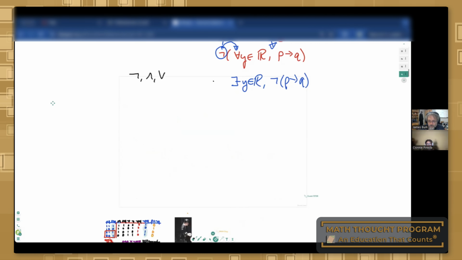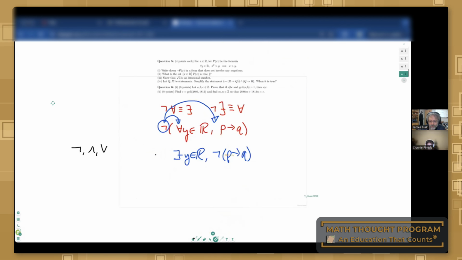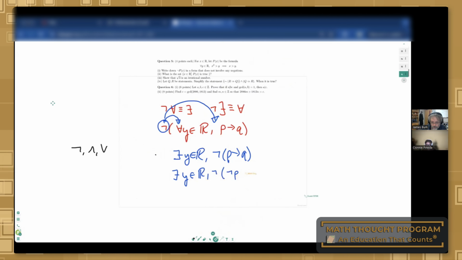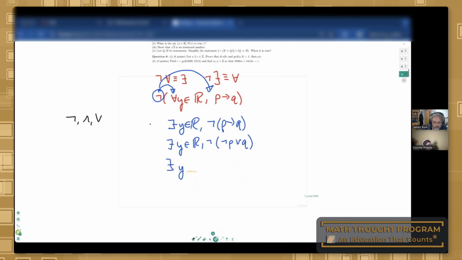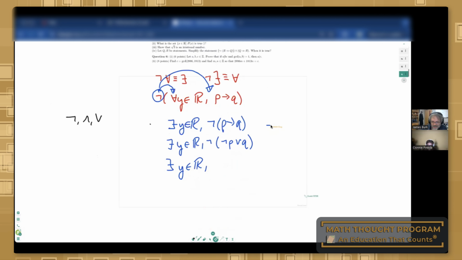Okay, now let's go back up to this problem. If you want to take the negation of the conditional statement, first write the conditional statement in terms of your material implication: not P or Q. Then distribute. When you distribute, you're going to use rules known as De Morgan's laws. It's just like if you have a negative and you distribute it through.